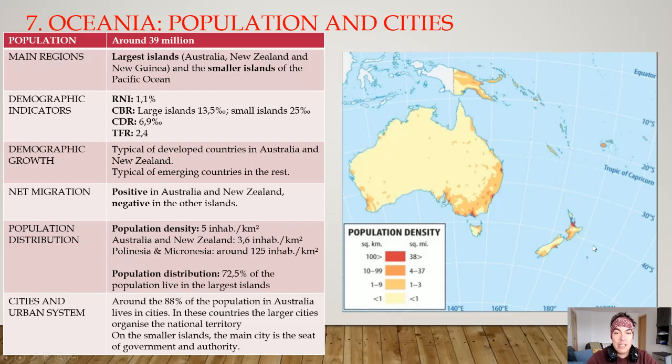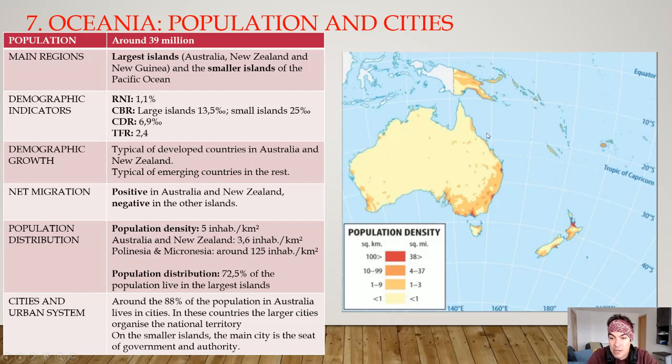The population density is very, very low. It's only 5 inhabitants per square kilometer in the whole continent, okay, because there are many areas, most of them in Australia, because this is the Great Australian Desert, which are not inhabited because it is impossible to hold any economic activity there. So in the large islands, the population density is 3.6.